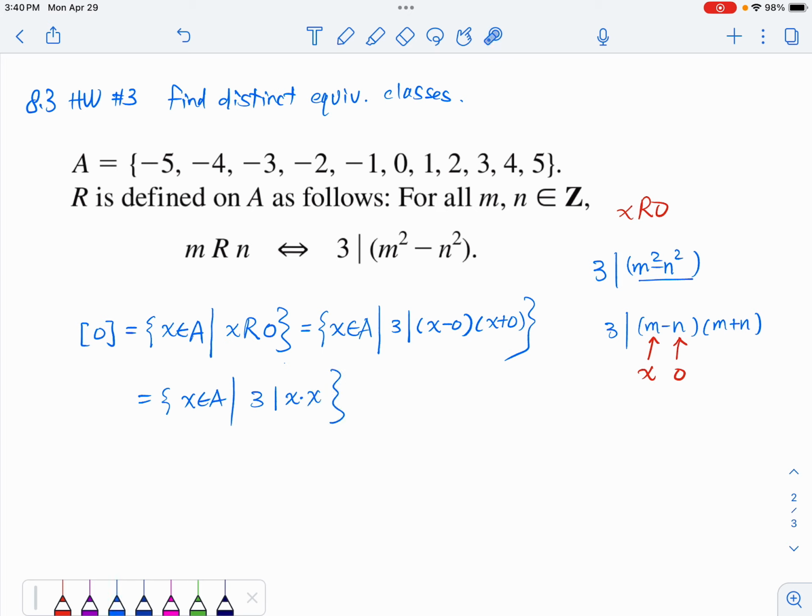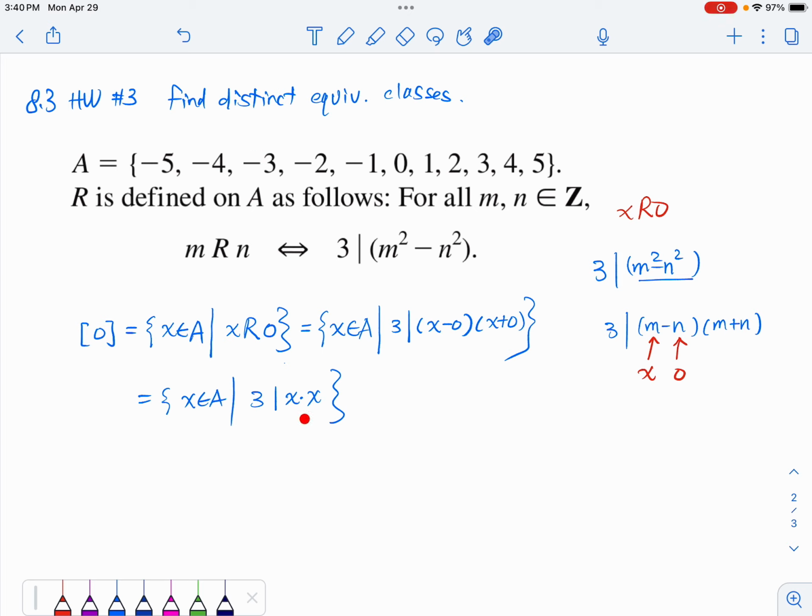All right, let's begin to search for the elements that should belong to this class. Will 3 divide -5 times -5? No, it won't. Will 3 divide -4 times -4? No, so -4 should not be in here. Will 3 divide -3 times -3?